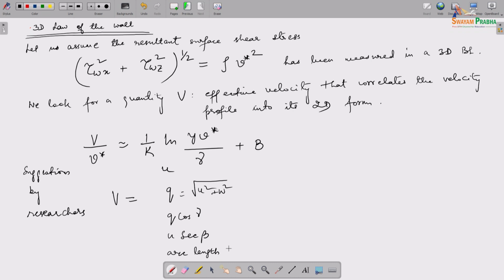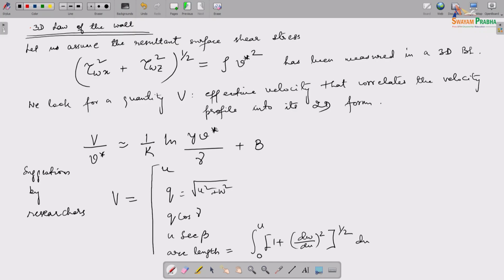arc length, which is equal to the integral from 0 to U of 1 plus dw/du, du. Okay.